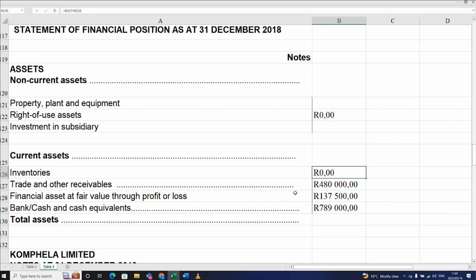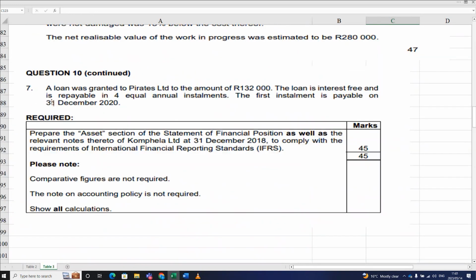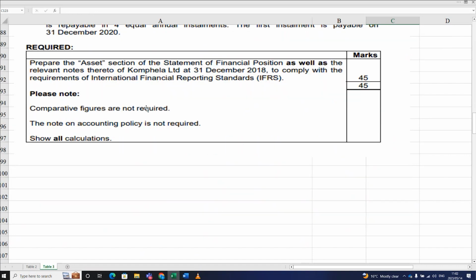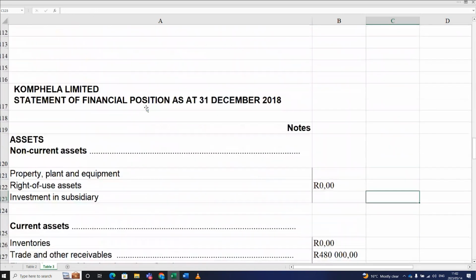Okay, right. Then the investment in the subsidiary. You know that because when you look at this note, it says a loan was granted to Pirates Limited to the amount of 132,000. The loan is interest free and is payable in 4 equal installments, and the first installment is payable in 2 years' time, 2020.